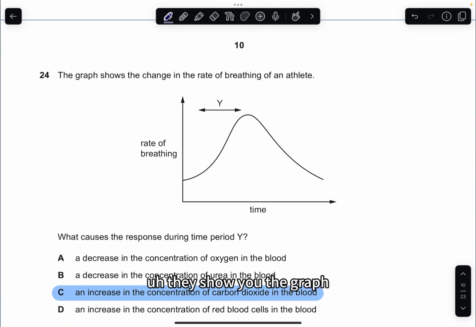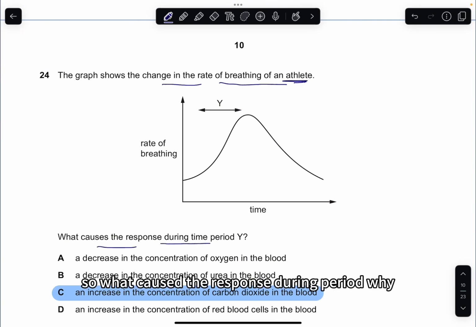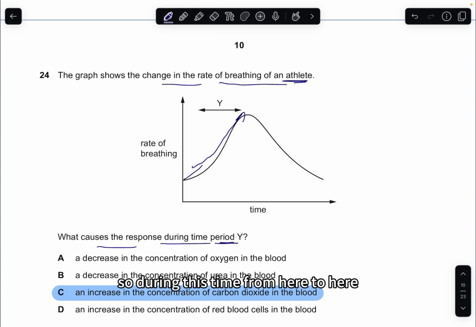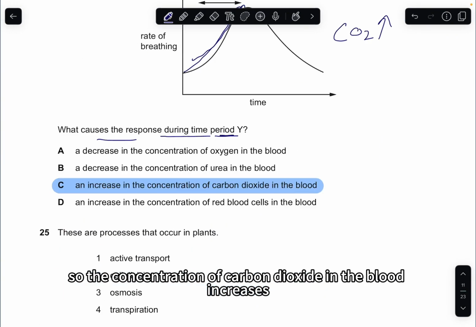They show a graph of changes in the rate of breathing of an athlete. What caused the response during period Y? During this period the rate of breathing increases, because the concentration of carbon dioxide in the blood increases.